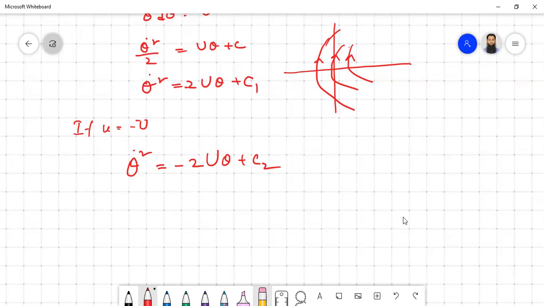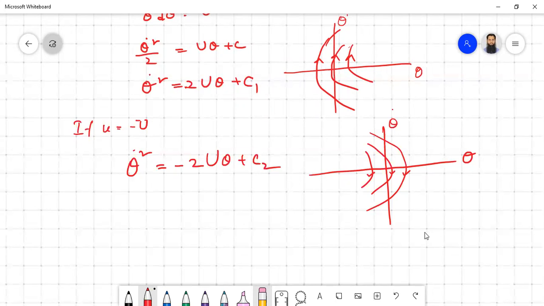Now it will have the same thing except that it will be in the reverse direction. Something like this, so this is the direction of the trajectory. This is your theta, and this is your theta dot.